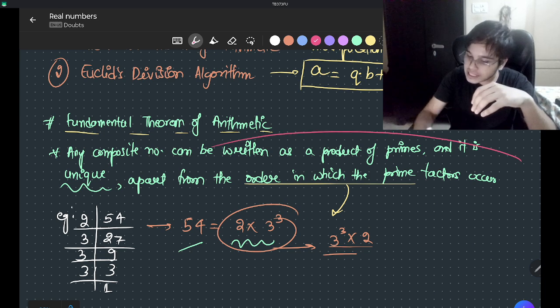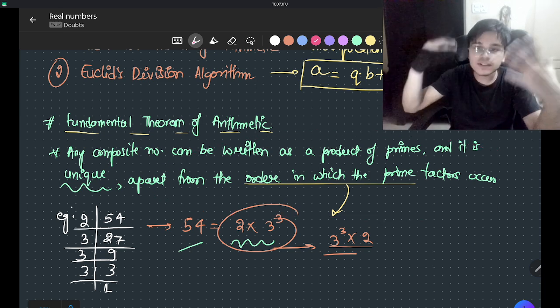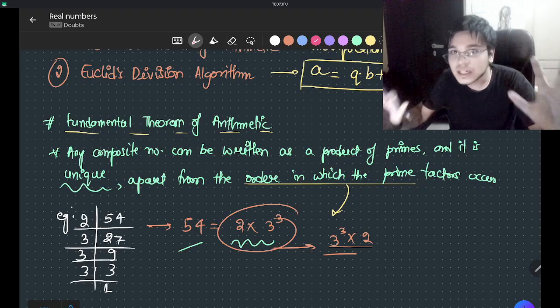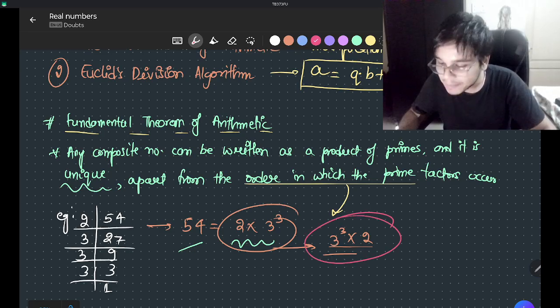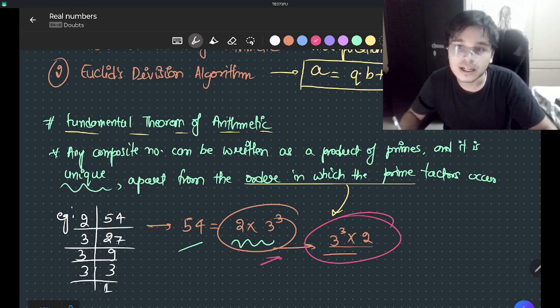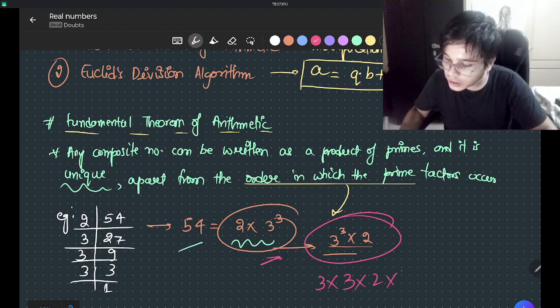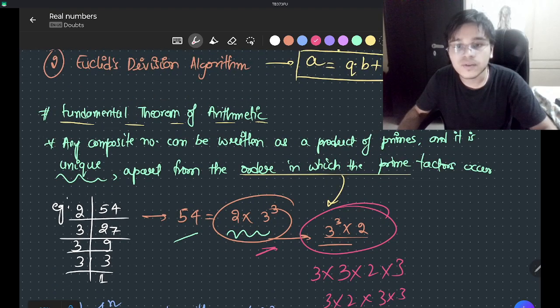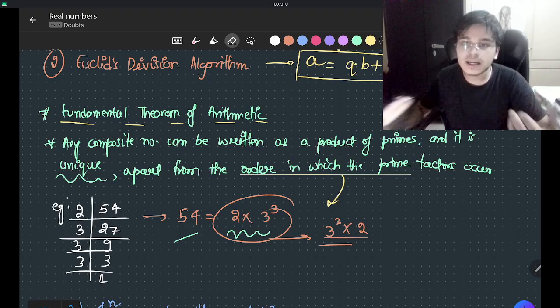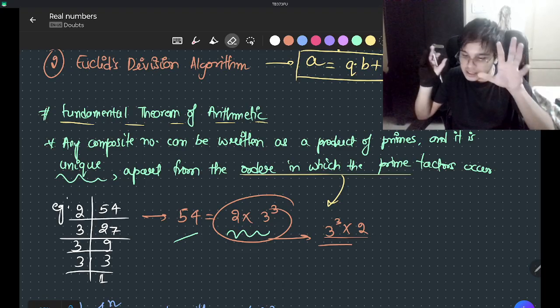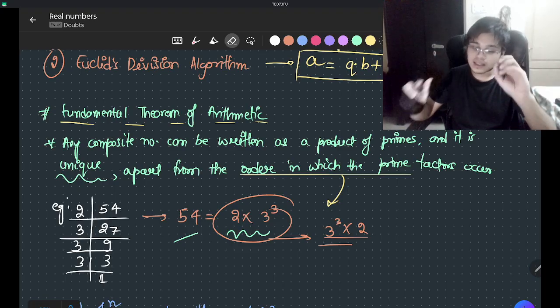And what does this statement, apart from the order in which, mean? I am not counting 3 power 3 into 2 as a different entity from 2 into 3 power 3. I am not counting 3 into 3 into 2 into 3 or 3 into 2 into 3 into 3 as a different entity. For me, everything is equivalent. As long as I am not double counting it and order does not matter to me, the statement holds true.